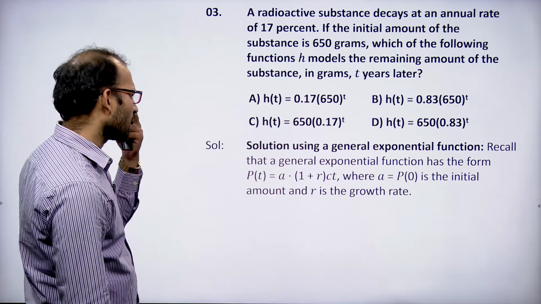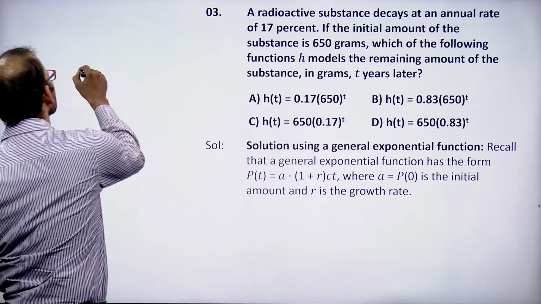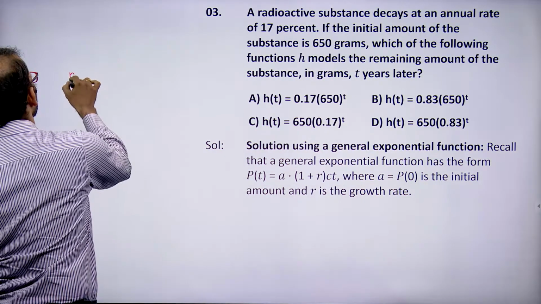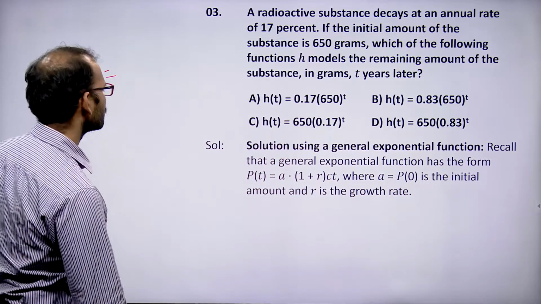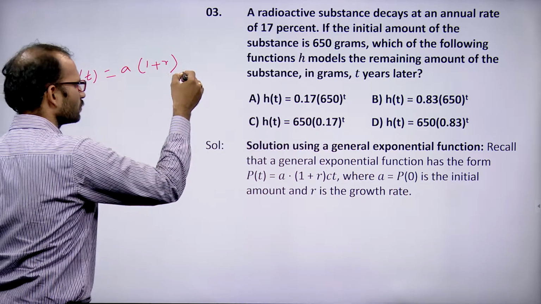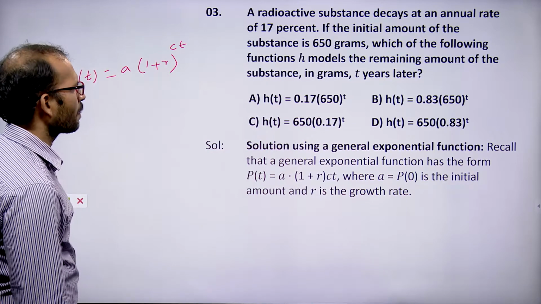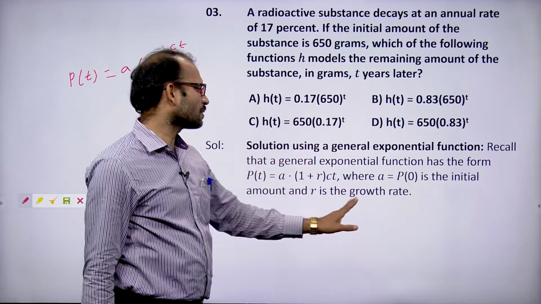Using the general exponential formula, recall that a general exponential function has the form P of T equal to A into (1 plus R) whole power Ct, where A equal to P of 0 is the initial amount and R is the growth rate.